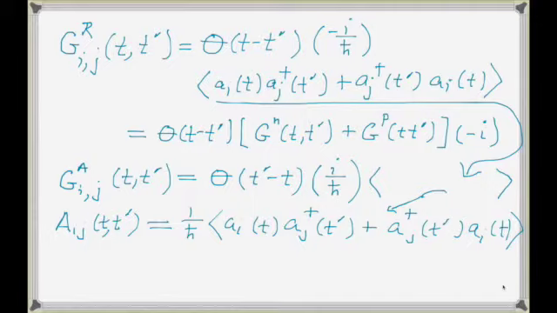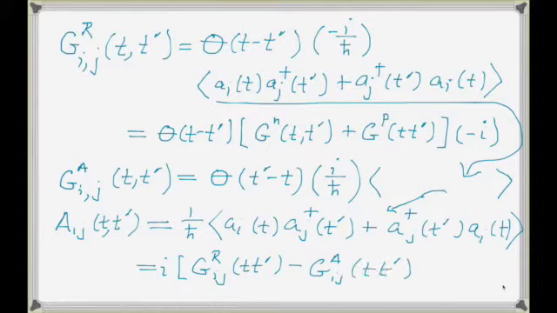And so this is equal to i times G^R_ij(t,t prime) minus G^A_ij(t,t prime). And this was exactly the relationship that we derived before, when we wrote these in terms of energy instead of time. But now you see it in terms of the definition, in terms of the operators.